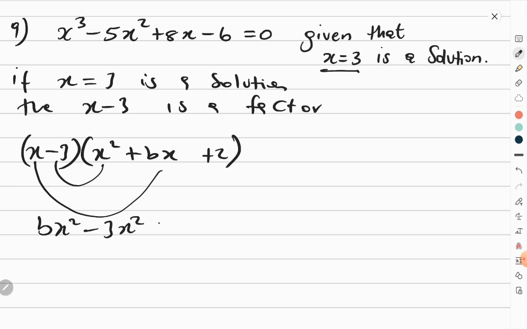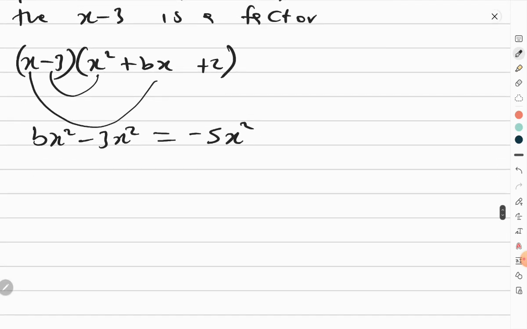Then you go to your original equation and take the term that has x squared, which is -5 x squared. So the idea is to just associate the coefficients. The coefficient of this x squared is b, the coefficient of this x squared is -3, and the coefficient of the other x squared on that side is just -5. So then b is equal to -5 plus 3, which is -2.